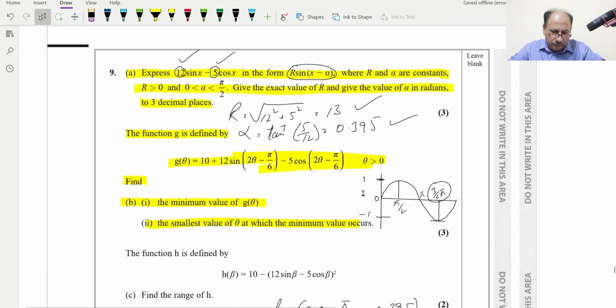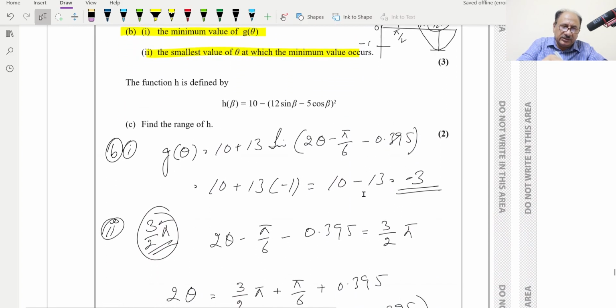Now we can move to the C part. C part says the function h is defined by h of beta is equal to this one. Find the range of h.